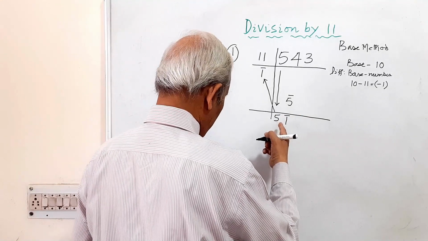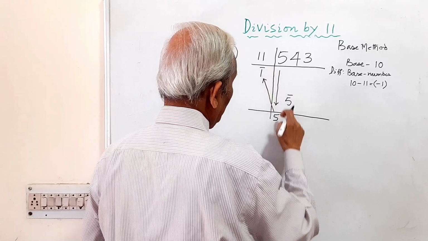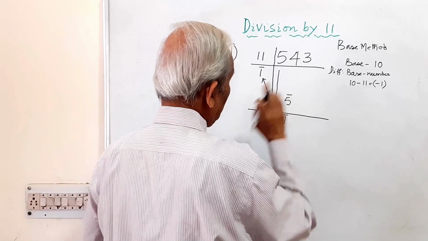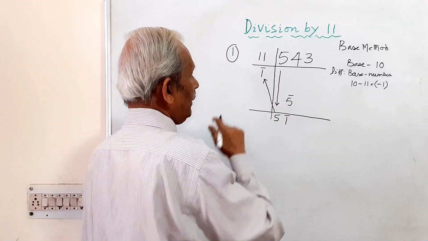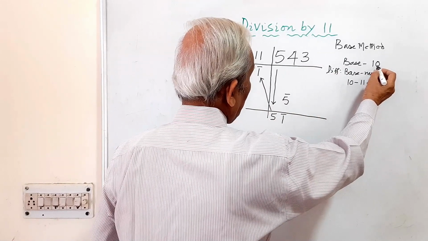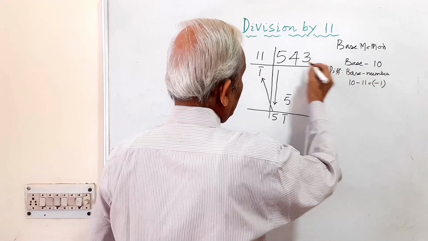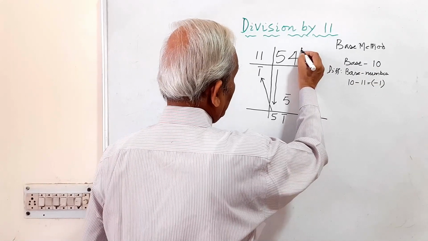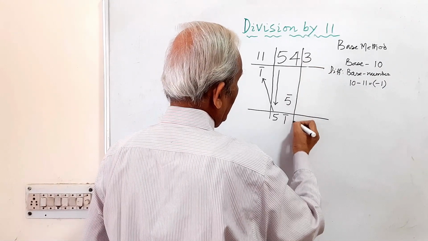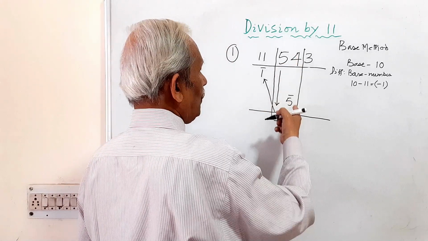Now then again, you have to multiply this 1 bar with this 1 bar. But before that, remember one thing. Here the base is 10. When the base is 10, there is 1 zero here. When there is 1 zero, put a line after 1 digit. So you can just initially put it like this.